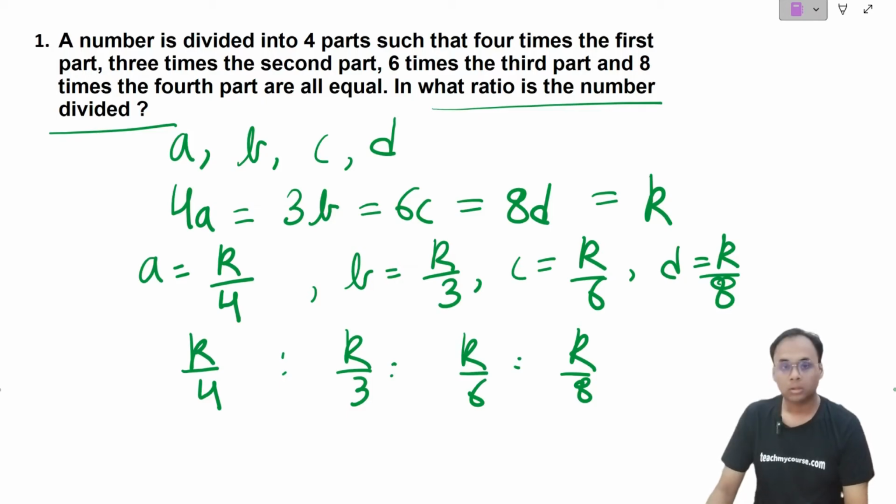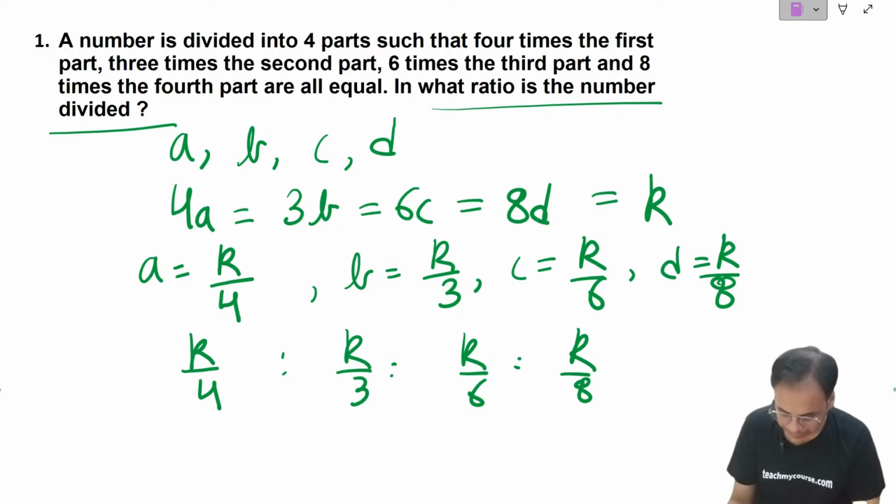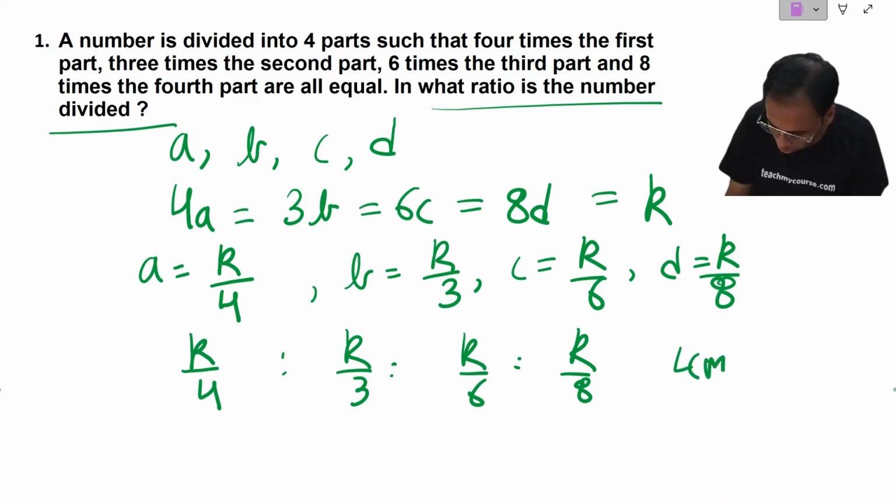To get actual numbers without fractions, we multiply by the LCM. Multiplication with the LCM of all these denominators will convert these ratios into numerator form. What is the LCM of 4, 3, 6 and 8?